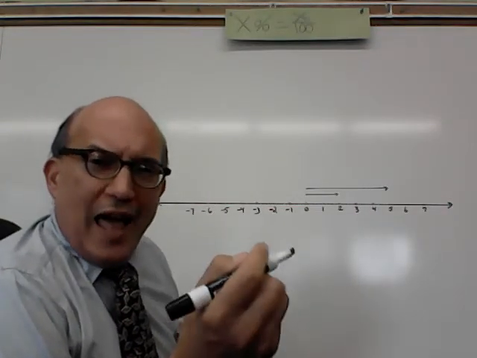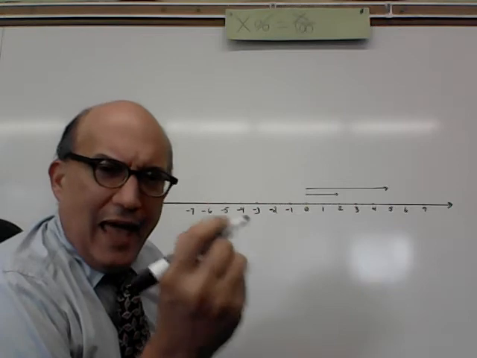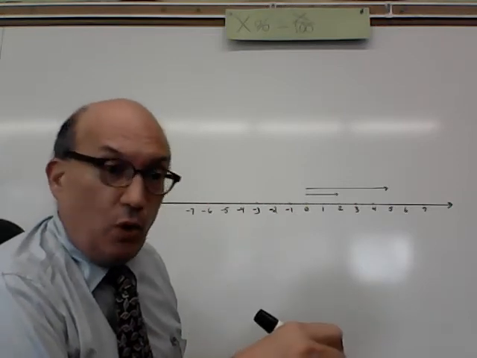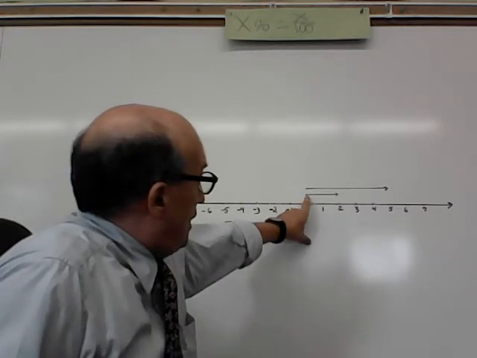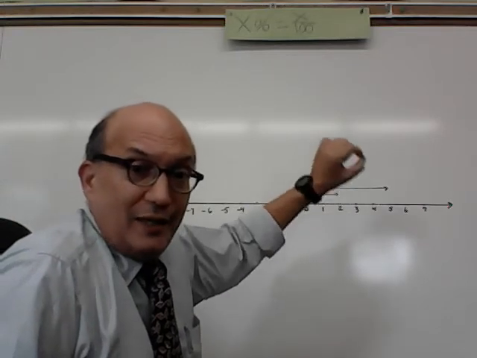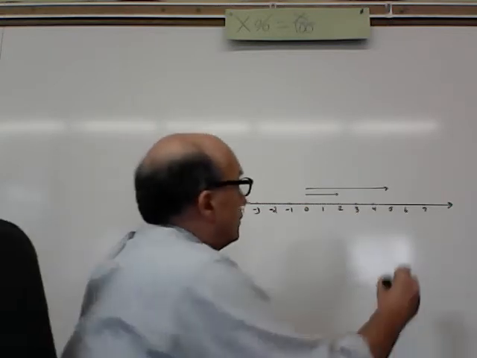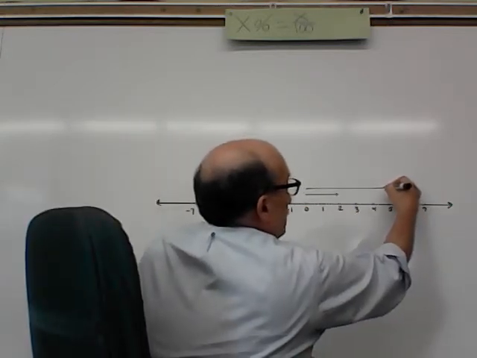These vectors are added by placing end point on top of beginning point, or beginning point on top of end point. So if we take the beginning point of the 2 and place it right on top of the end point of the 5, it would look like this.